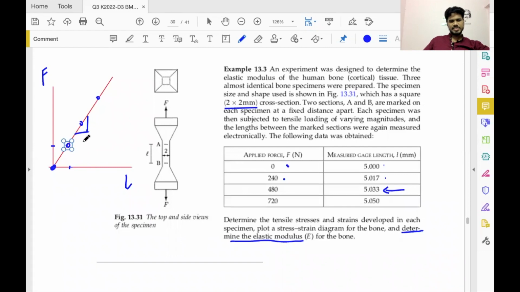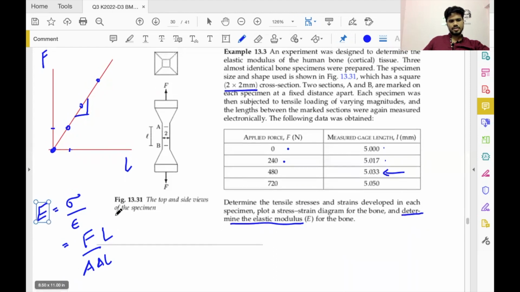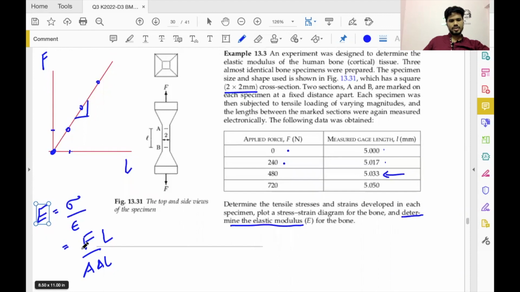The slope here we can technically get from there, but that should not be directly the Young's modulus. The Young's modulus should be sigma by epsilon. That should be F over A into del L over L. And in fact, this should be del L so that we start at 0, 0.